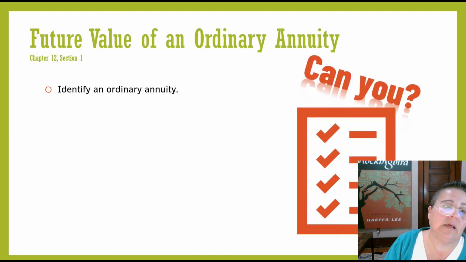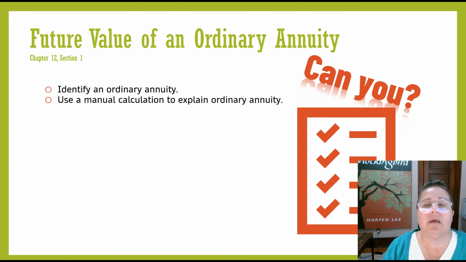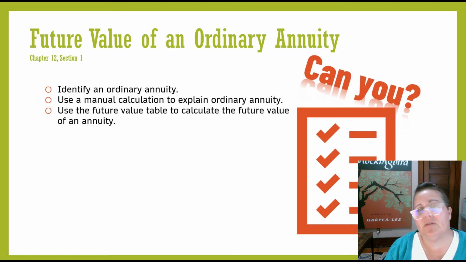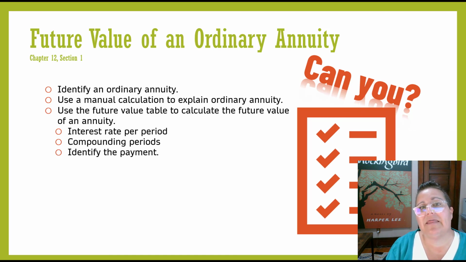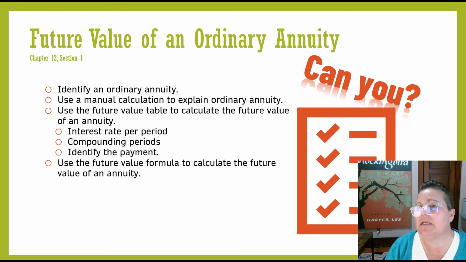Can you identify an ordinary annuity? Do you know the markers to identify an ordinary annuity? Can you follow the manual explanation, and did it help you understand? Can you use the future value table to calculate the future value of an annuity? Interest rate per period, the compounding periods, and identify the payment amount. Can you use the future value formula of an ordinary annuity to calculate it?